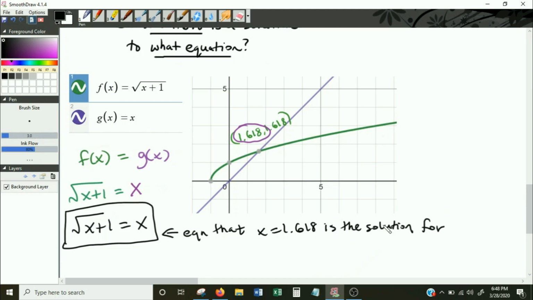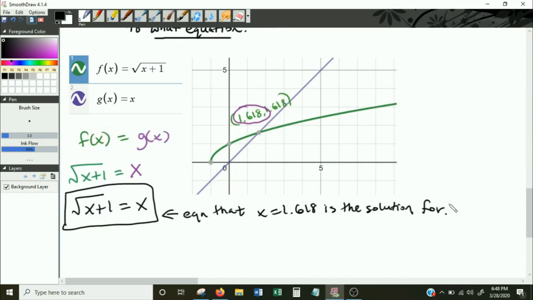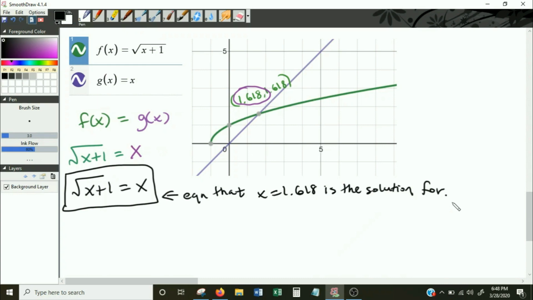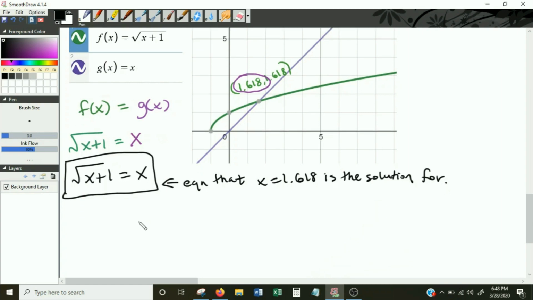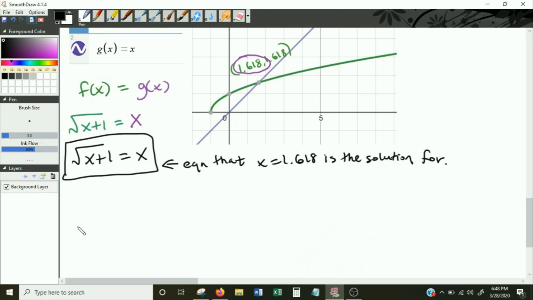Okay? And there's one more thing I'd like to point out. What if I wanted to find the equation, or find the function that has a solution of x equals 1.618? How would I do that? Well, I would start with root of x plus 1 equals x. Then I'd move the x to the other side.